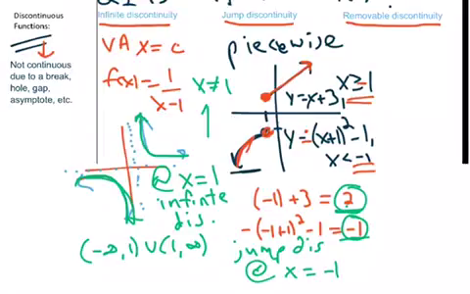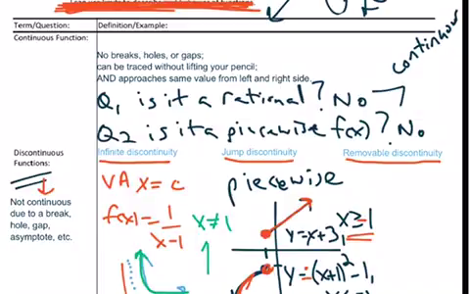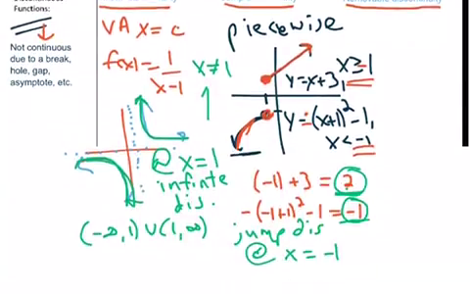I want to go back for a quick second to point out that when we're talking about continuous functions, what we've said right here, that it can be traced without lifting your pencil, that there are no breaks, holes, or gaps, is true. If we're talking about a point being continuous, is the function continuous at a point or is it discontinuous? Then the test for point continuity we're going to write down at the bottom of our page.